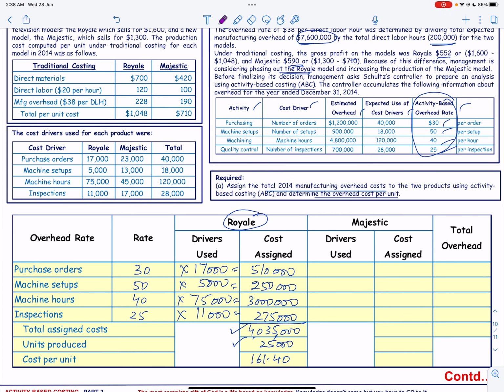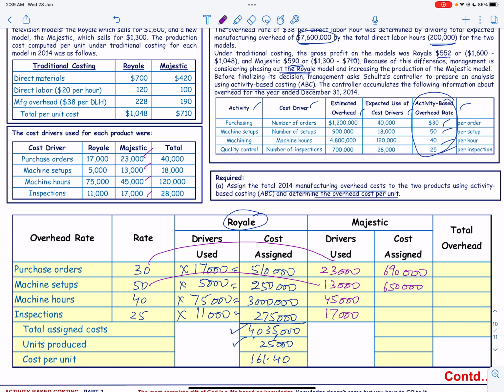The cost drivers for the Majestic are 23,000, 13,000, 45,000 and 17,000, and for the cost assigned we will again be multiplying them by the rate. 30 times 23,000 is 690,000. 50 times 13,000 is 650,000.